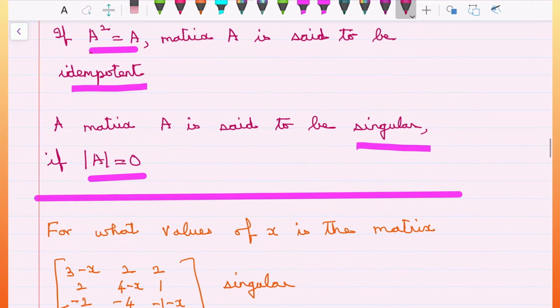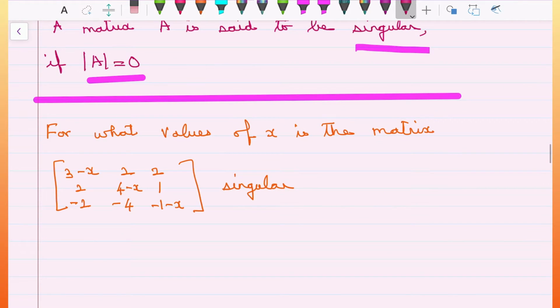So we'll do a small problem: for what values of x is this matrix singular? Because it is singular, this 3 by 3 determinant will be 0. So I write 3 minus x, 2, 2, 4 minus x, 1, minus 2, minus 4, minus 1 minus x equal to 0.